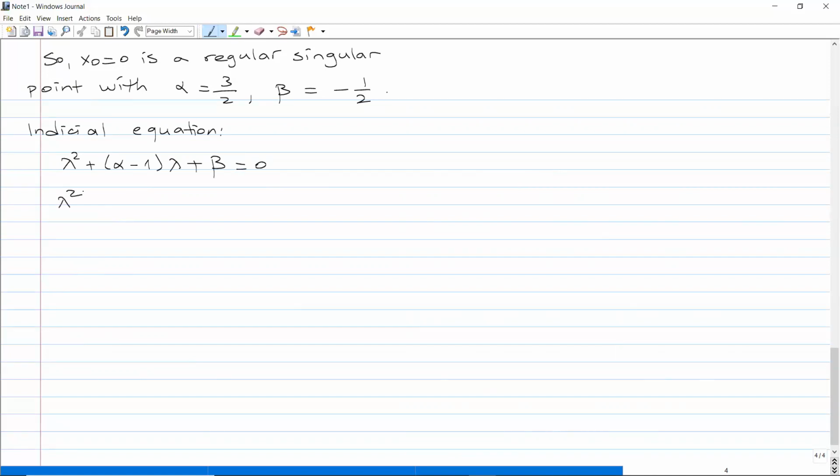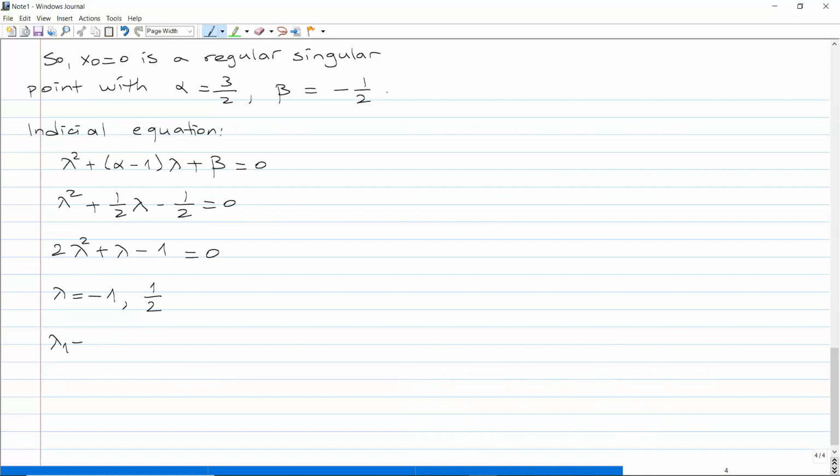So lambda squared, alpha is 3/2, minus 1 is 1/2, so 1/2 lambda minus 1/2 equal to 0. If I multiply both sides by 2, I have 2 lambda squared plus lambda minus 1 equal to 0. So lambda equals, if you use the quadratic formula, you get the solutions minus 1 and 1/2.